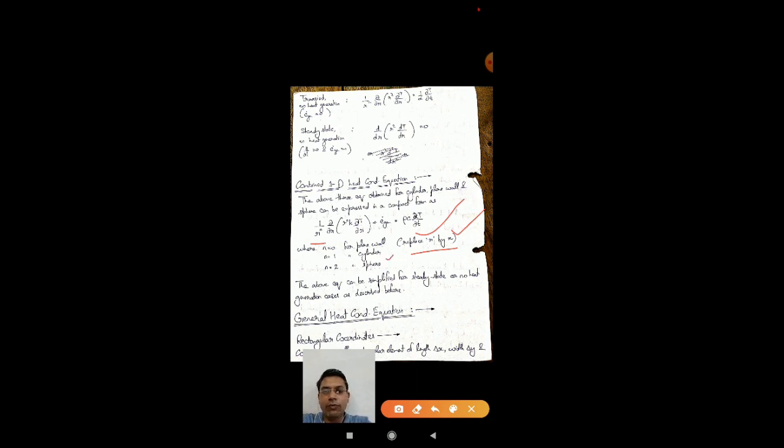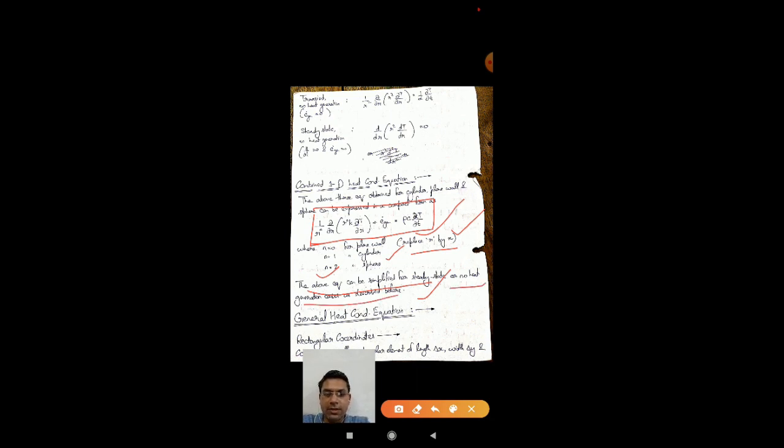For n equals to 1, the equation will be of cylinder, and for n equals to 2, the equation generated will be of sphere. This equation can be simplified for steady state or no heat generation case as discussed before.